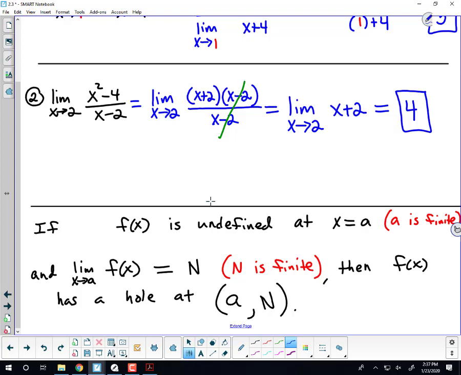So I just wrote that out generically. If the function's undefined at x equals a, where a is a finite number, and the limit of that function is equal to n, then the original function has a hole at the location (a, n). So this function that we've just computed this limit on, based on just this single line of work, has a hole at an x value of 2, because as x is approaching 2, y is approaching 4.